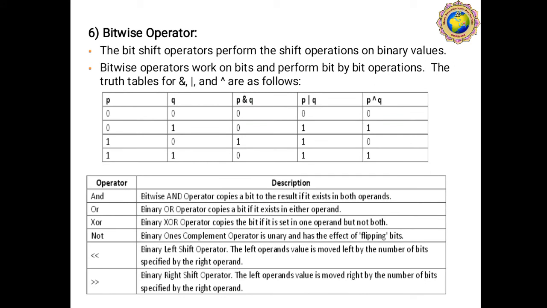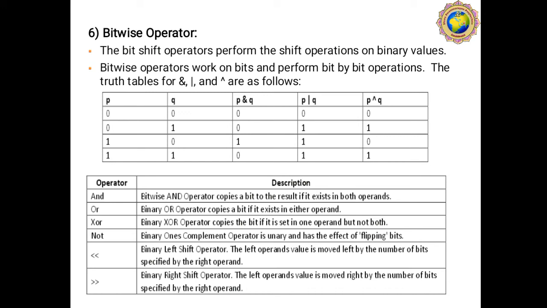Then the bitwise operators. The bit shift operators perform the shift operation on binary values. The bitwise operators work on bits and perform bit-by-bit operation. The truth table for these types of bitwise operators AND, OR, and exponent is given as follows.